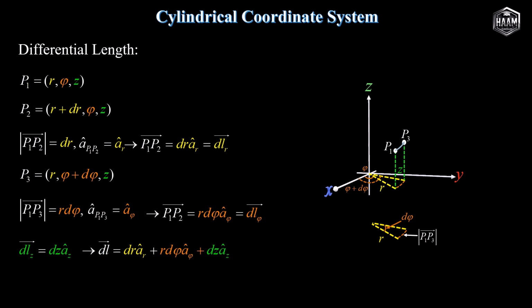This gives us the differential length in the cylindrical coordinate system. We have shown that the differential length in the cylindrical coordinate system is obtained from this relation.